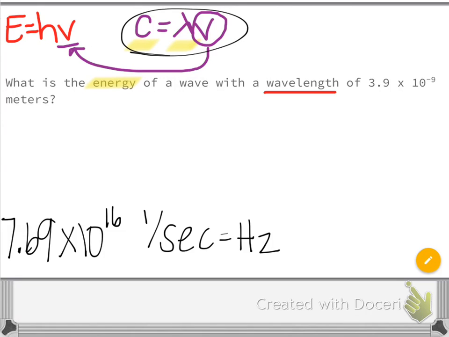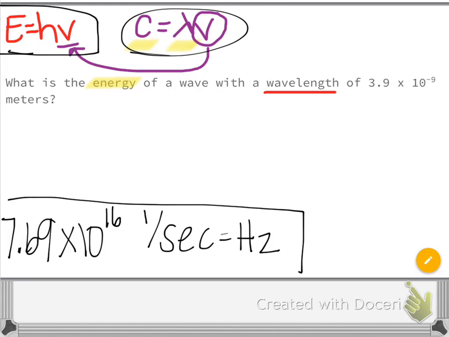So I'm going to leave this value down here because we do need this. So now we're going to use this equation, the energy equation, because that's what we're really looking for. So E equals 6.626 times 10 to the negative 34th. Where did I get that number?